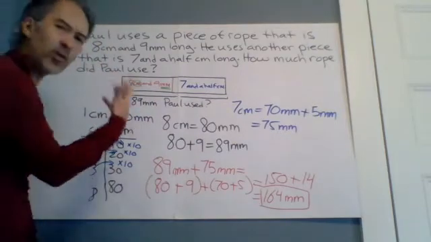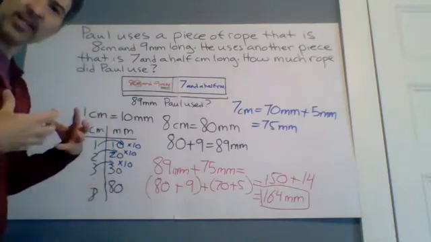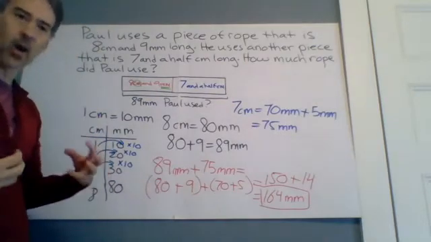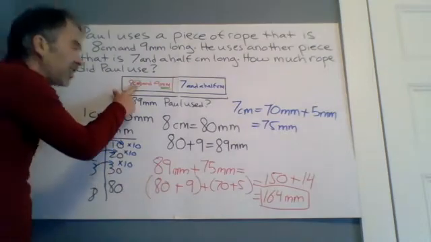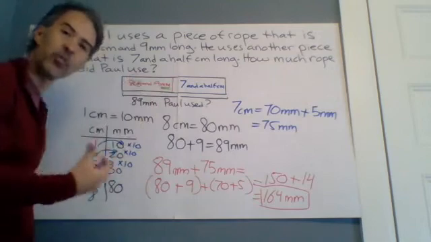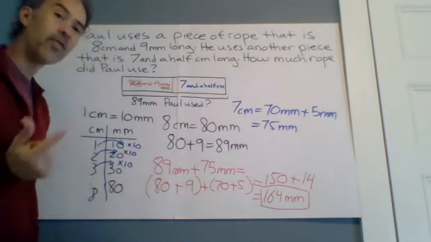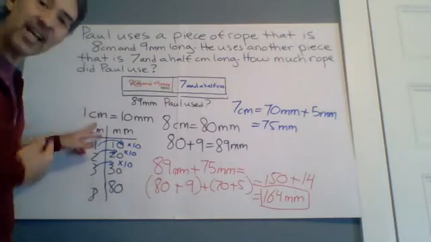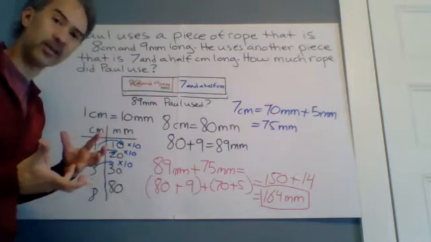Now, after I did that, I have the picture in my head. I asked myself, well, what's something that I know? Well, I know that there's centimeters and millimeters in this problem. And I know that 1 centimeter is equal to 10 millimeters.